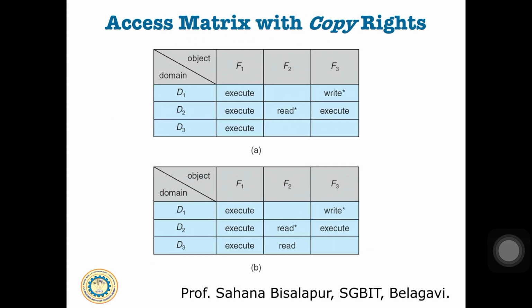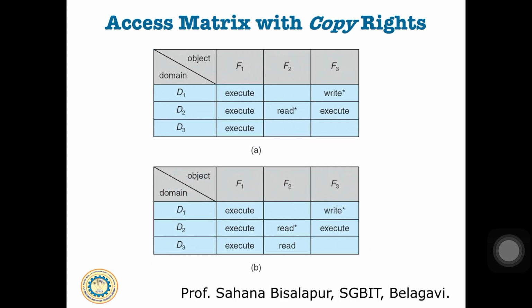This scheme has two variations. One is that a right is copied from access(i, j) to access(k, j), and it is then removed from access(i, j).